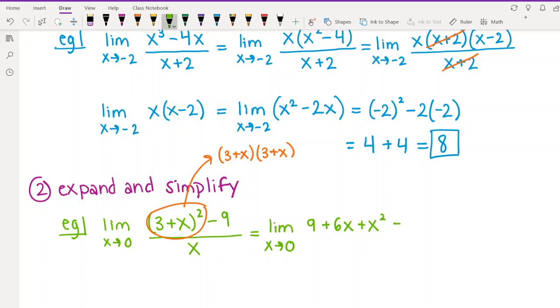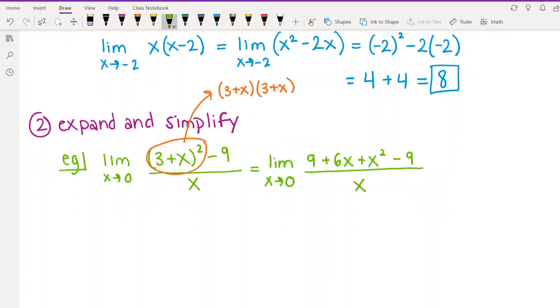And then we still have minus 9, all divided by x. In the numerator, the 9s are going to cancel out, right? We have a 9 here and a 9 here, so those go away, and we're left with the limit as x approaches 0 of 6x plus x squared divided by x.